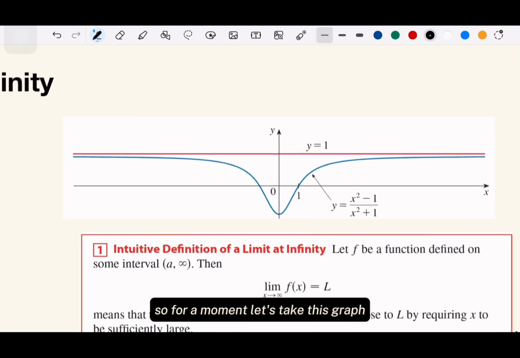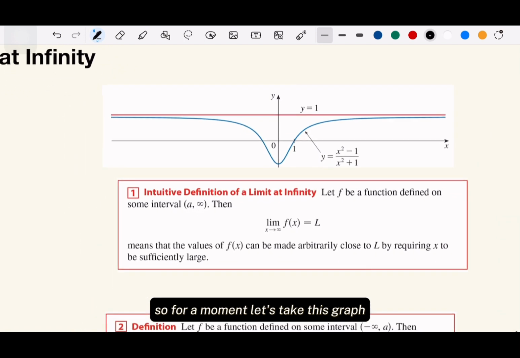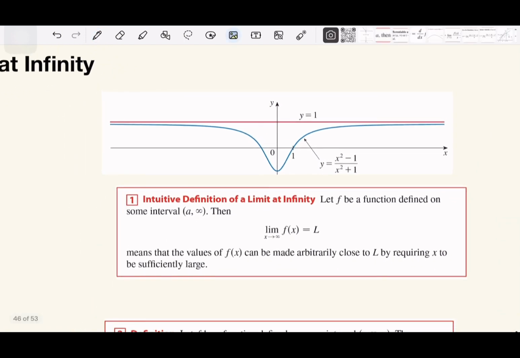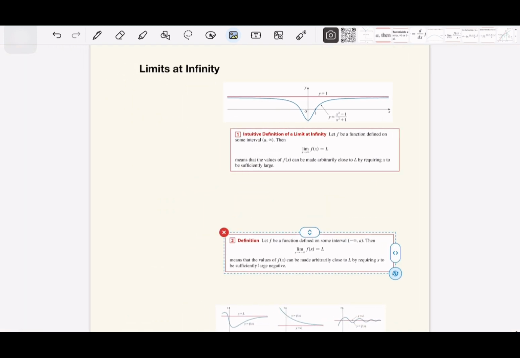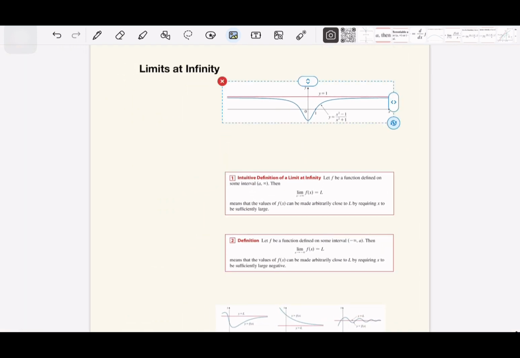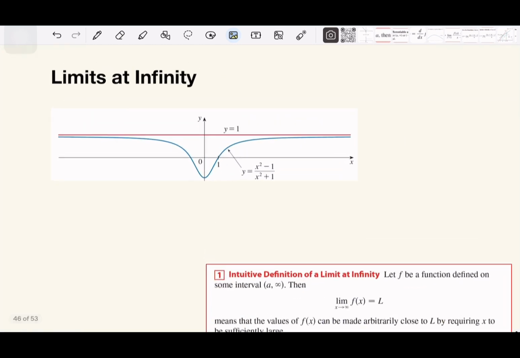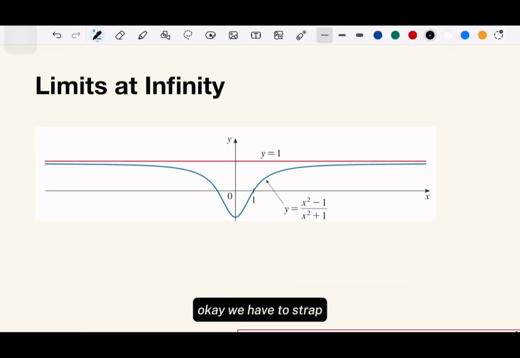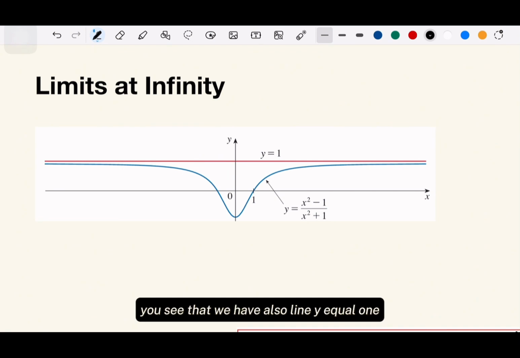So for a moment, let's take this graph. We have this graph, x squared minus 1 over x squared plus 1. You see that we also have the line y equals 1.